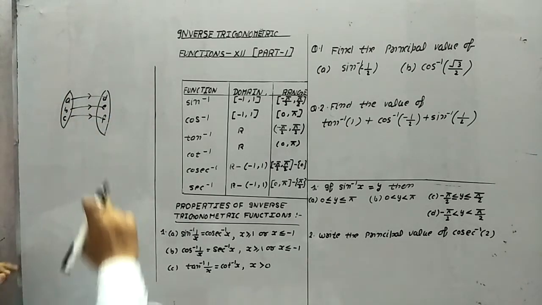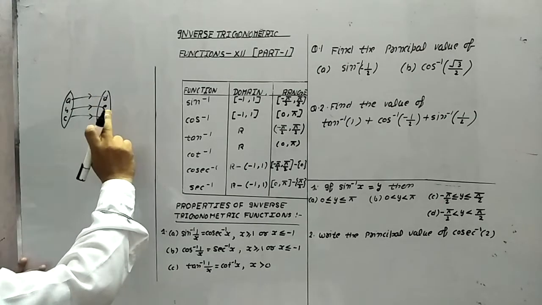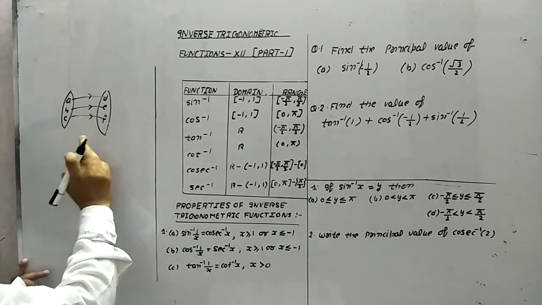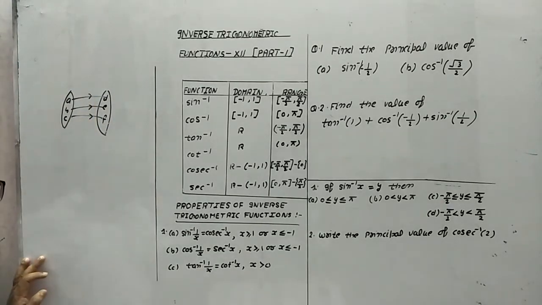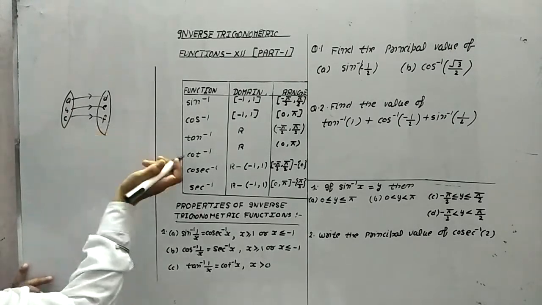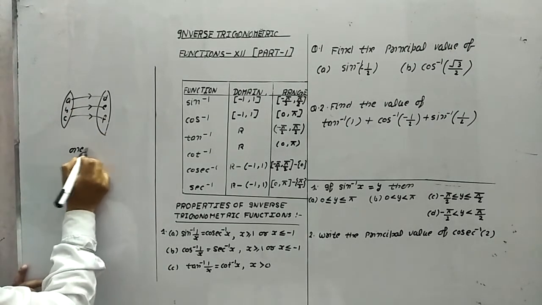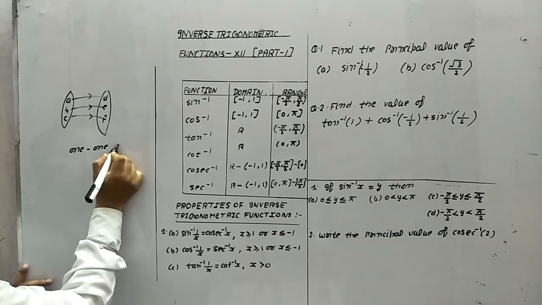Another thing, in codomain there is no element which does not have its pre-image. That is why this function is onto. It means this function is 1-1 and onto.